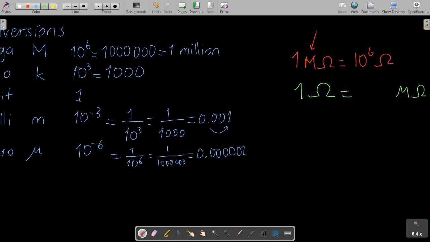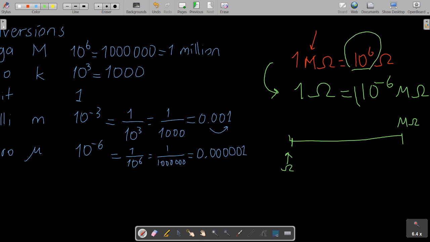Remember our figure, we said that if this line shows mega ohm, or megameter, ohm is just 1 millionth of it. Therefore, what you do is you just take this, inverse it, 10 to the power minus 6. 1 millionth of mega ohm is the ohm. So from here to here, you can go by just taking this number and writing inverse of it. So you need to work on this. Make sure that you understand.